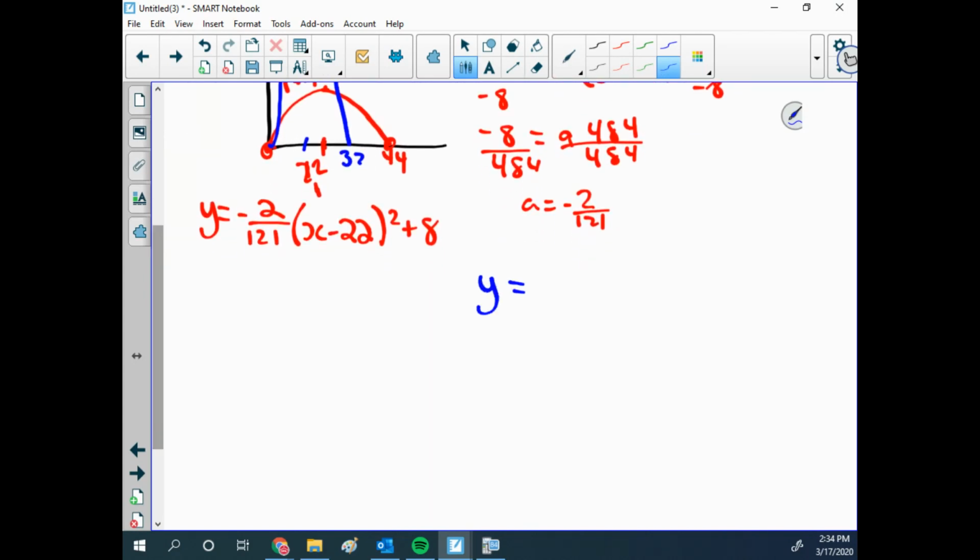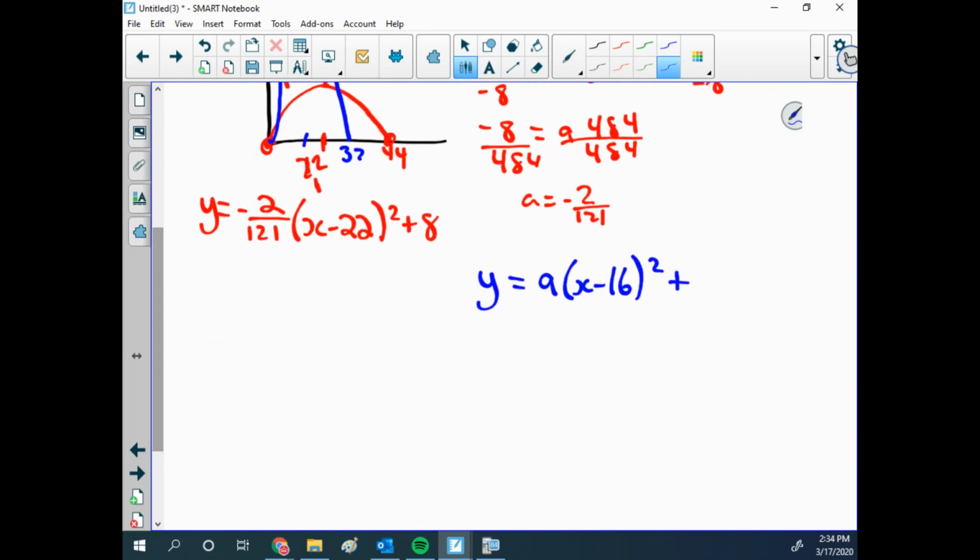So y is equal to a(x minus 16) squared plus 14. And I have to solve for the value of a. I know 2 points as well. I know this point and this point, but 0, 0 makes my life easy. So I'll put 0 equals a(0 minus 16) squared plus 14.